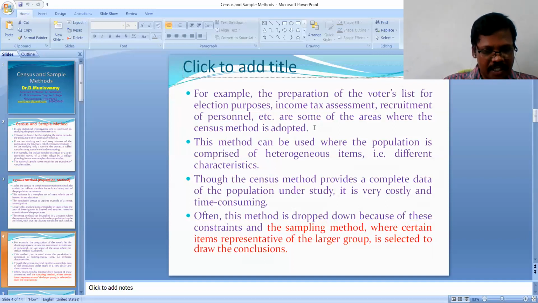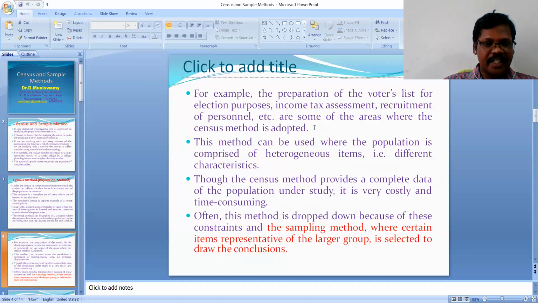Because of all these constraints, most researchers do not use this method. Instead of the census method, most researchers go for the sampling method, where certain items representative of the larger group are selected to draw the conclusions. We go for the sampling method particularly when a large group is selected for the study, for the analysis.